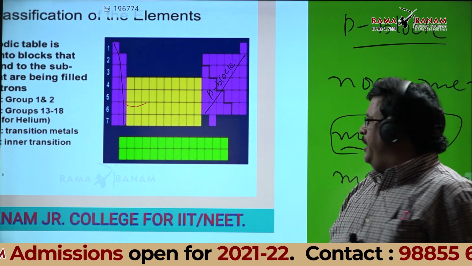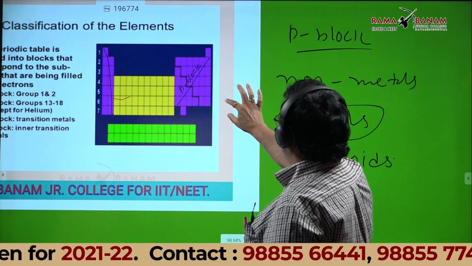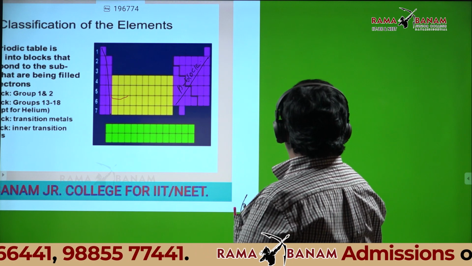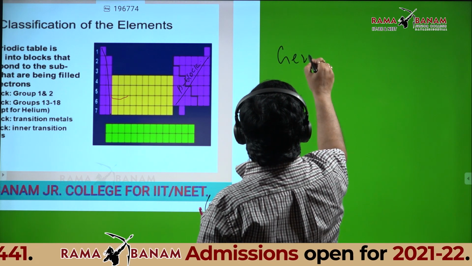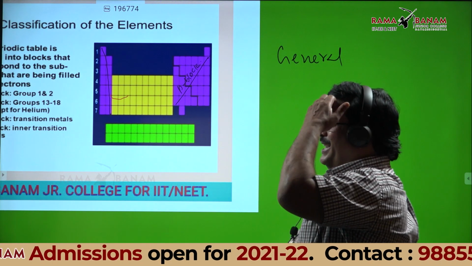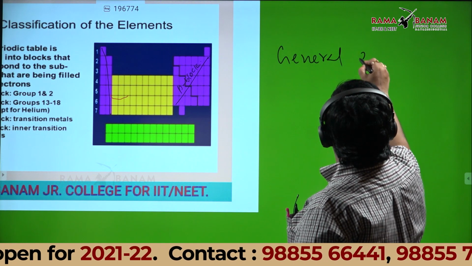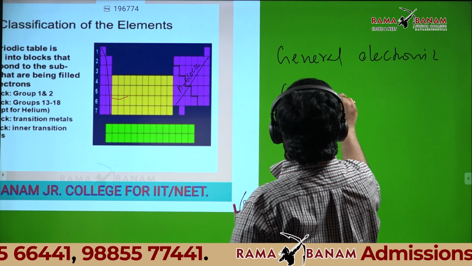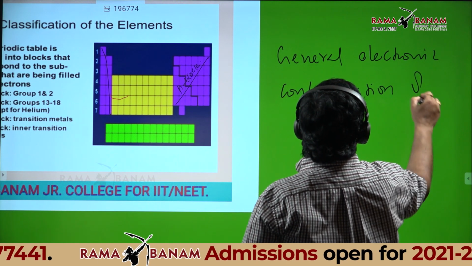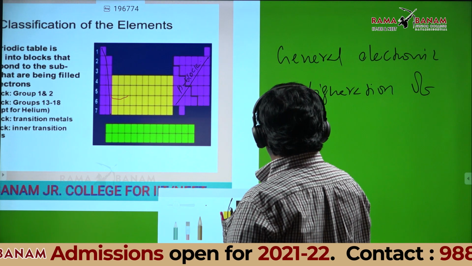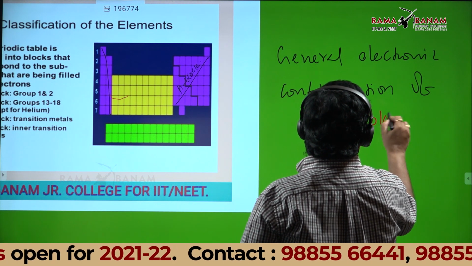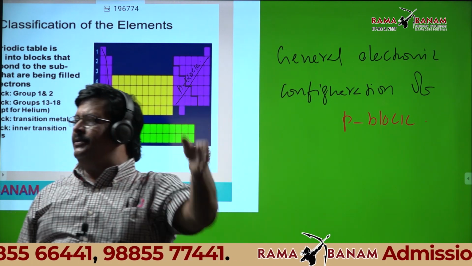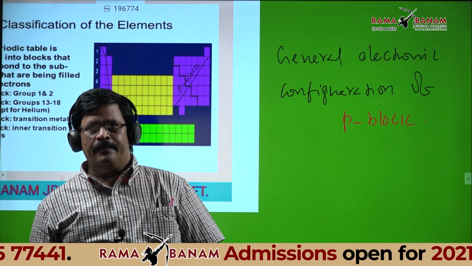And the last point: can anyone tell what is the general electronic configuration of P block elements? General configurations are important here. ns2 np1 to ns2 np6.